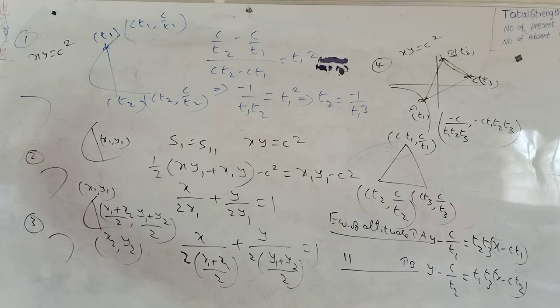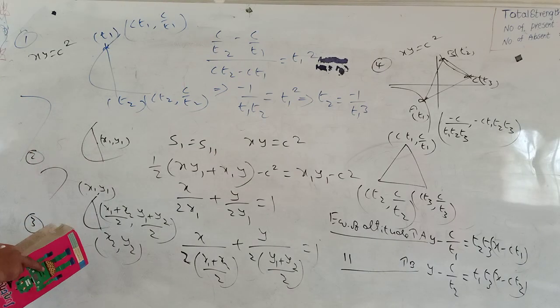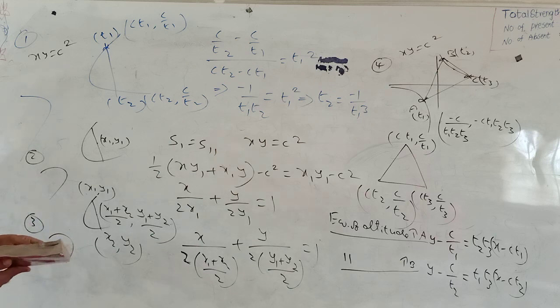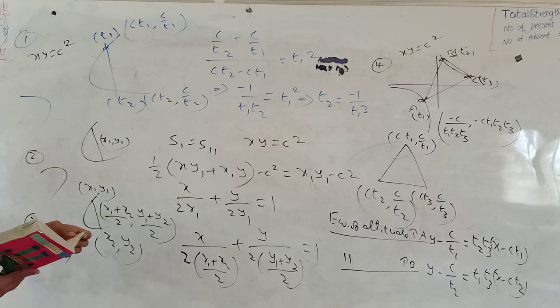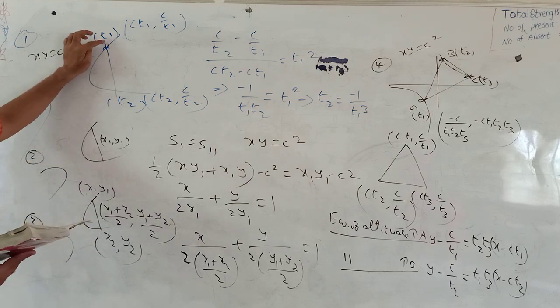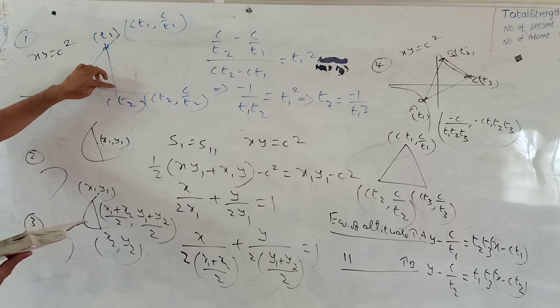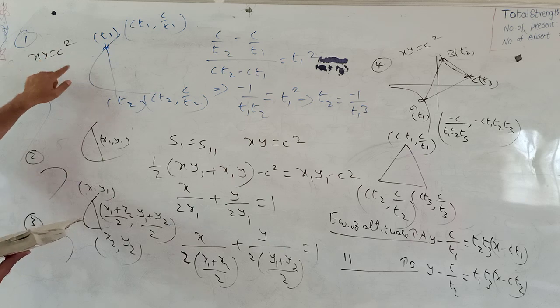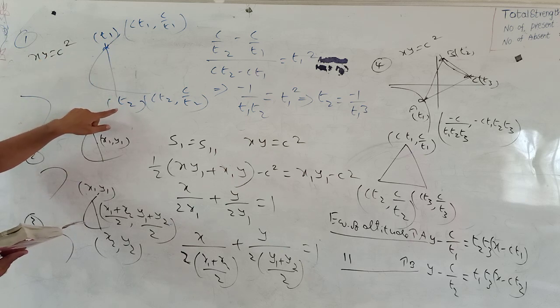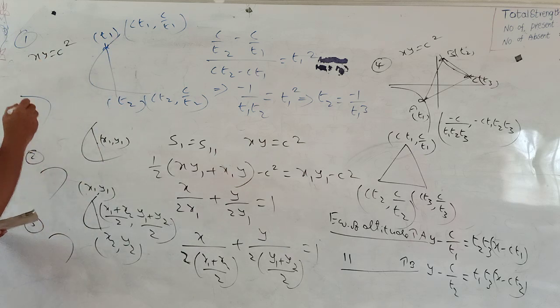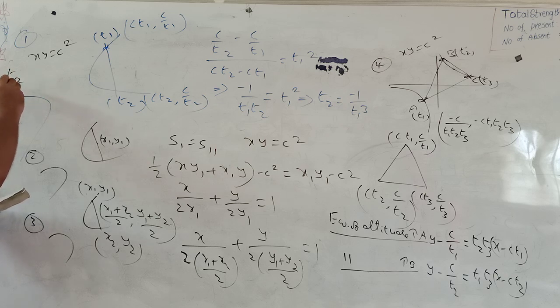See some standard results. All of you see the notes while I am reading the result. If a normal drawn at a point P of T1 cuts the rectangular hyperbola xy equal to c square again at T2, then prove that T2 into T1 cube equal to minus 1.